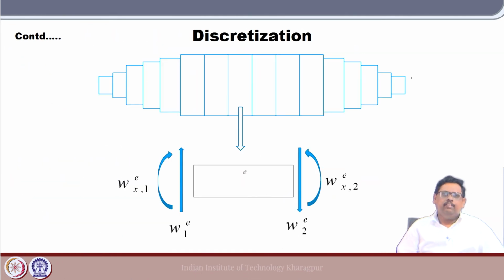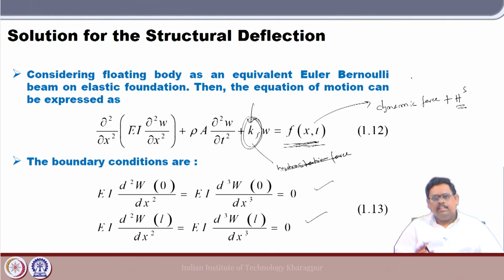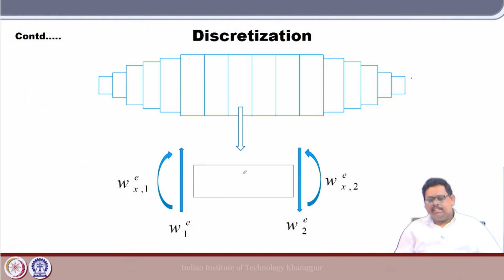Fine. Now, this is how I do the discretization. It is my beam model, and then I make the section lines, and then we have the elements, and each element has 2 degrees of freedom, right. One is the rotation, another is the translation.